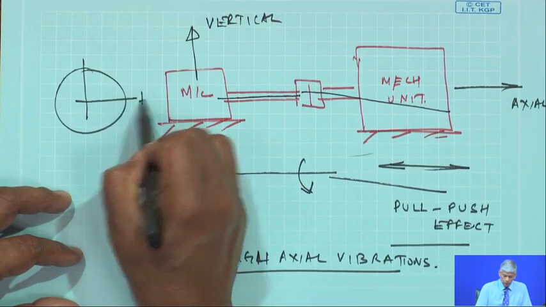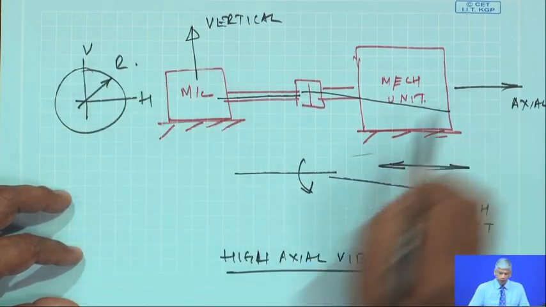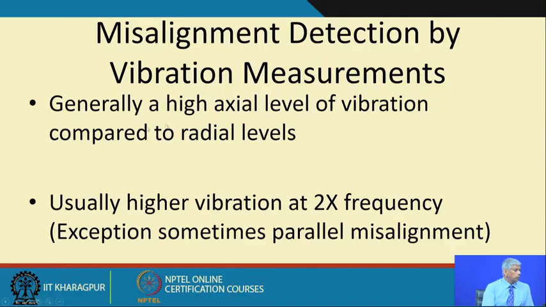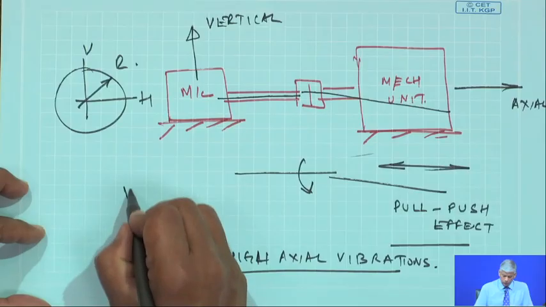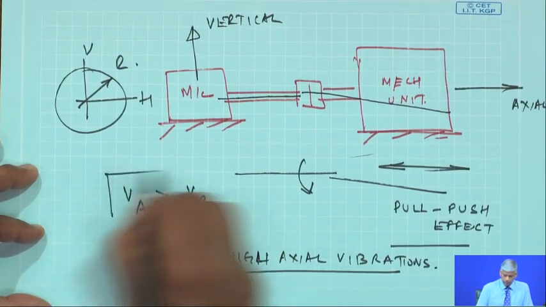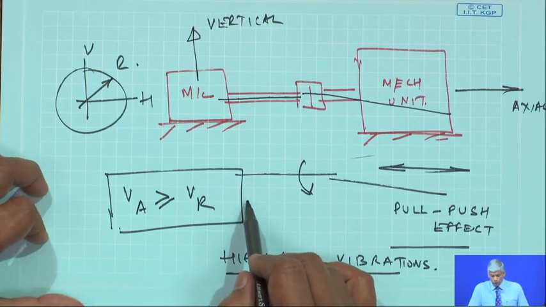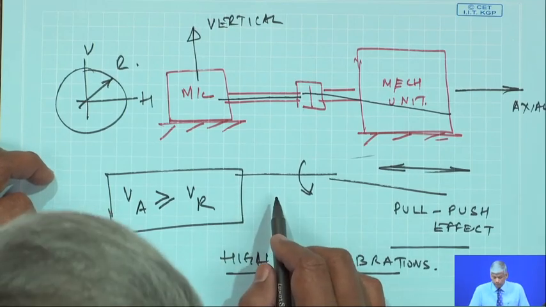It's my horizontal, vertical, and this is my radial plane, and this is my axial. So, usually the axial vibration V axial is higher than V radial, and this is a sure case of letting you know that a misalignment has occurred.